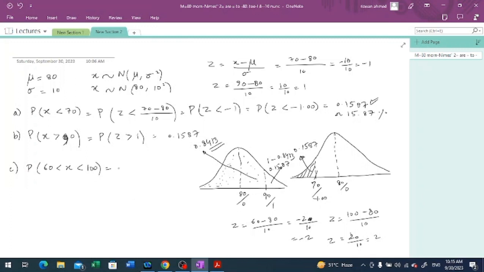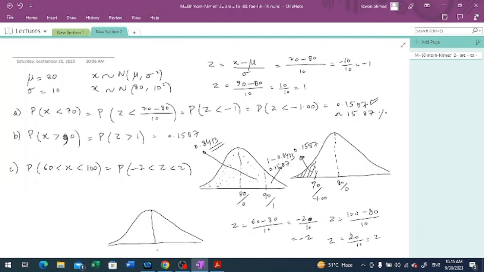So over here we get minus 2 and plus 2 as the lower and upper bounds for the converted values of z. Now we refer to the z table for z values of -2 and +2, and this is how we can determine the answer.